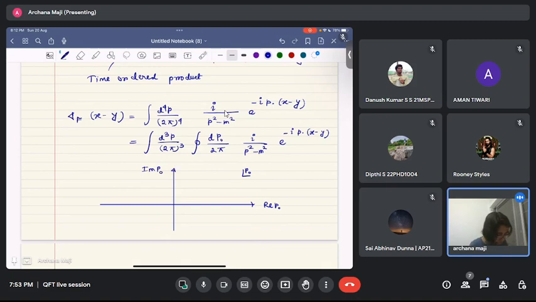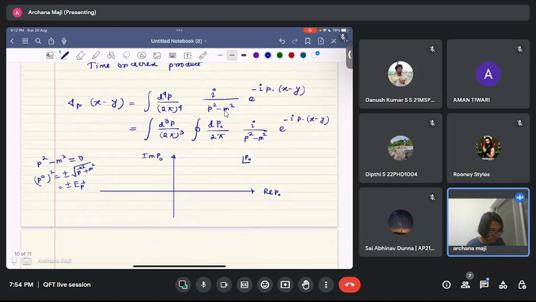One more thing you note is that the integrand has poles at two locations on the real p0 axis. When p squared minus m squared equals 0, that occurs when p0 squared is equal to the vector p squared plus m squared, which is nothing but plus or minus E_p. So at these two locations there is a pole of the integrand.